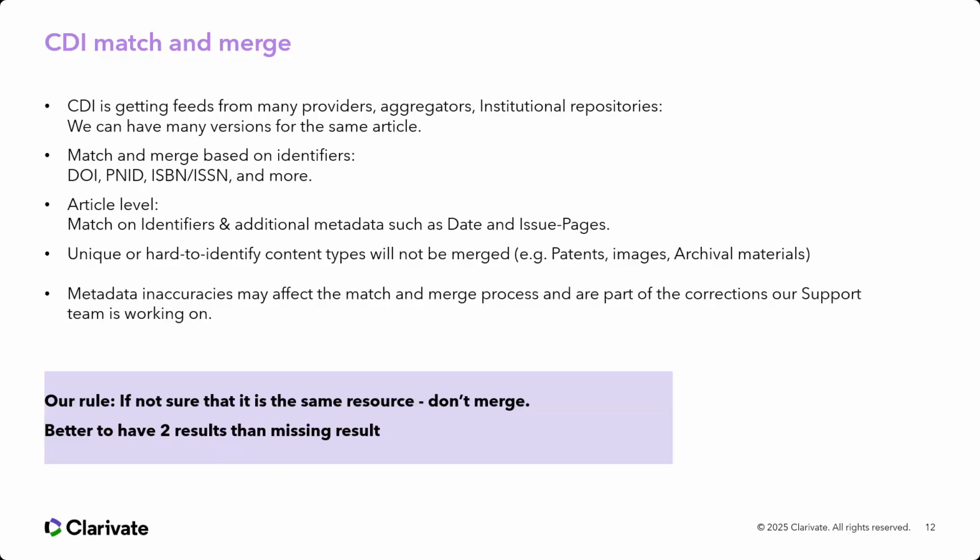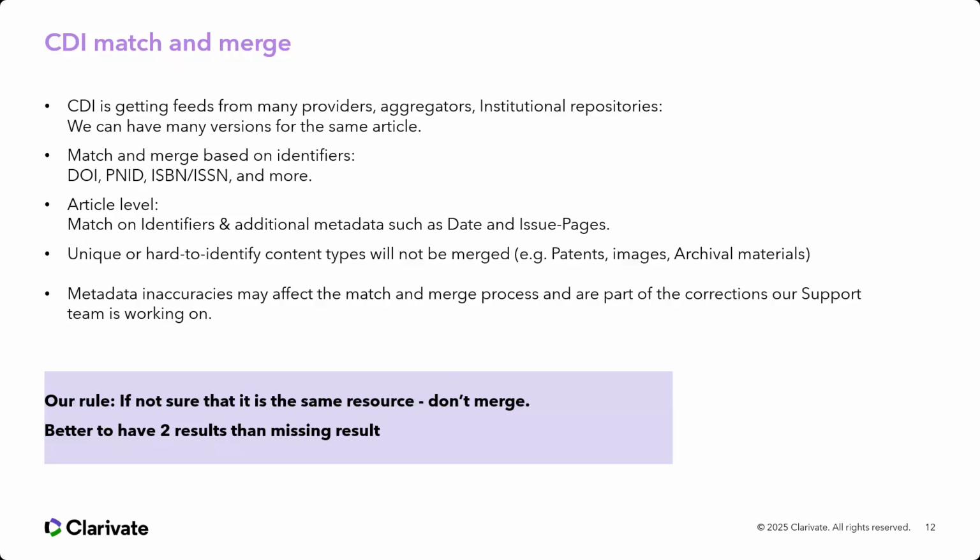So this is also part of the QA that we are doing when we ingest the content, and also part of the maintenance and the updates, and also all the good and hard work that our support team is doing to fix the records. Last thing I want to say about this, our rule of thumb here is: if we're not sure that this is the same resource, we're not merging.